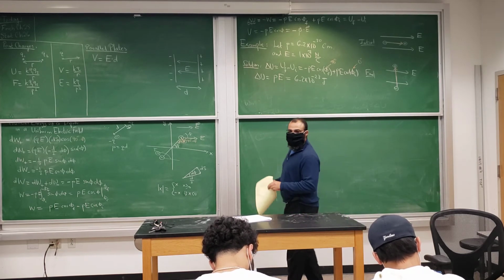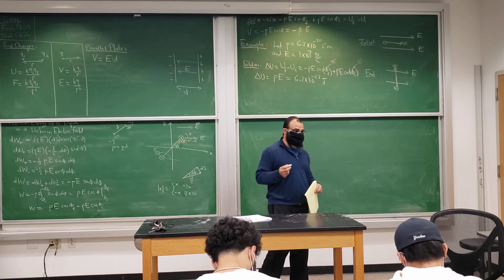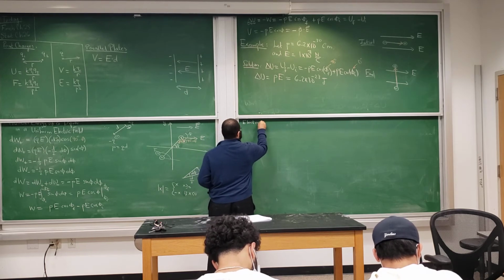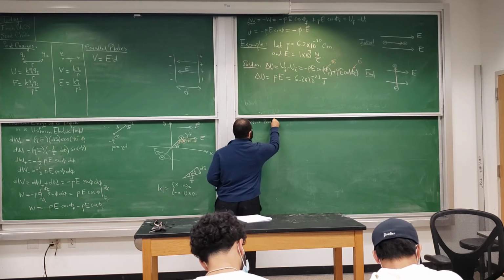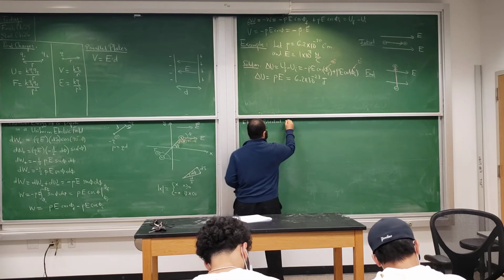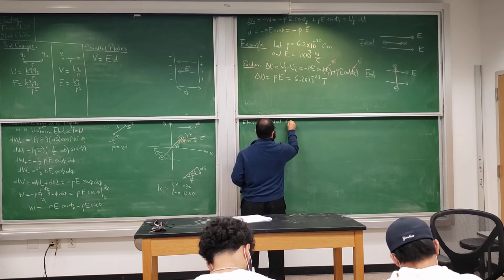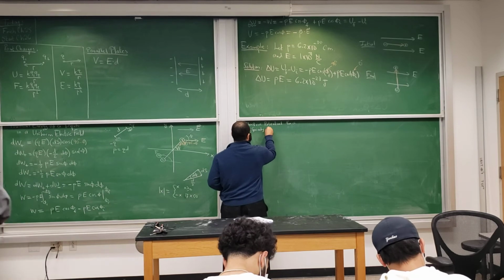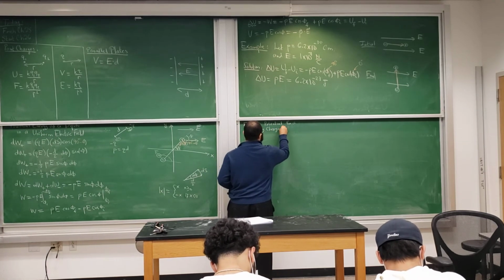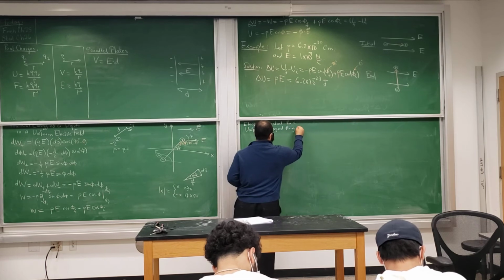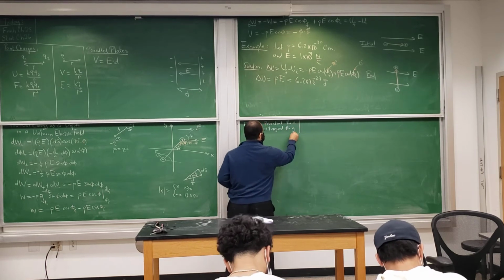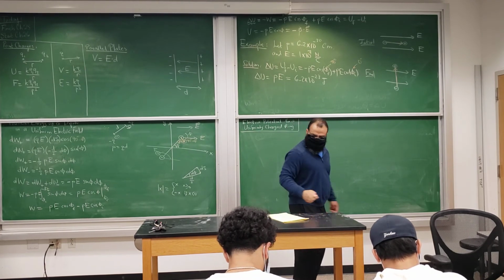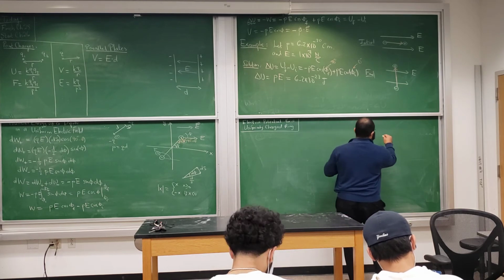The first one: the electric potential, not field, electric potential due to a uniformly charged ring of radius R. I'm going to draw the ring so it is clearly of radius R. So here's my best attempt.